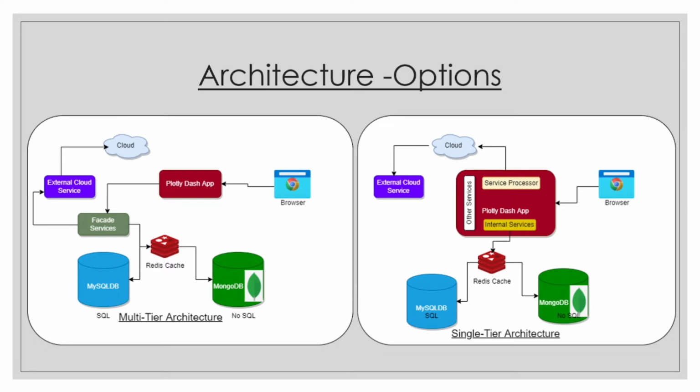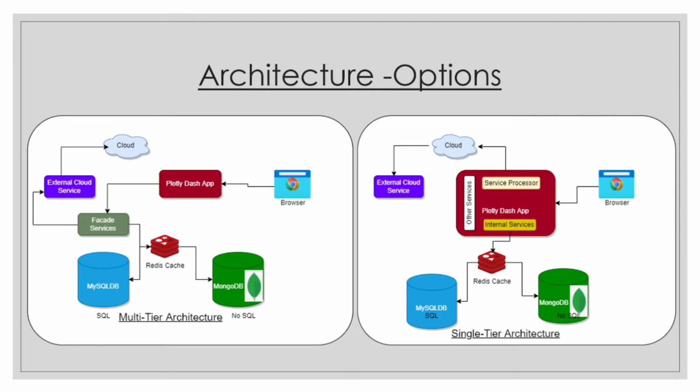When you move to a single tier application, your Plotly Dash app has to interact with multiple services in only one single layer, and you create the services as functions inside the same app. For example, in the same case, if there is a cloud-based external service, you interact with the cloud and process that.